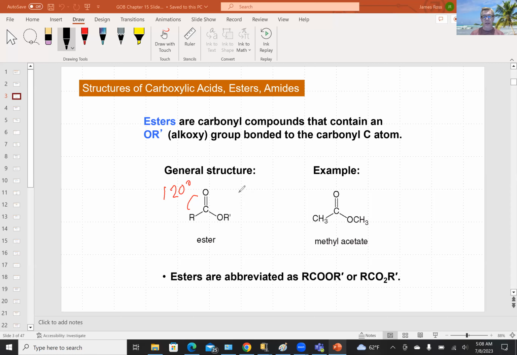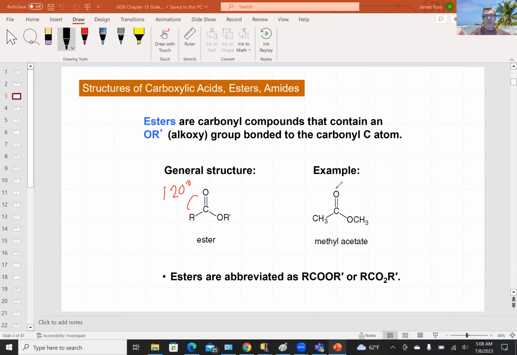The structure shown on the left is an ester, because in addition to the carbonyl and the adjacent carbon on the left, we have the O carbon group on the right. So this is indicative of an ester functional group. A specific example of the ester shown here is methyl acetate.